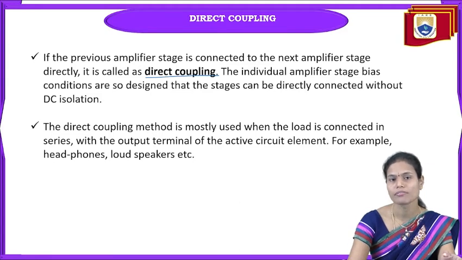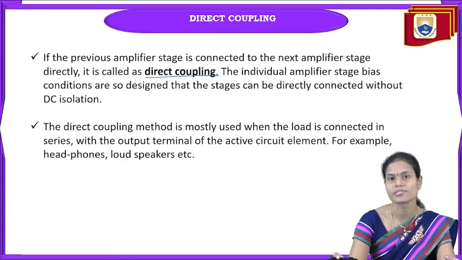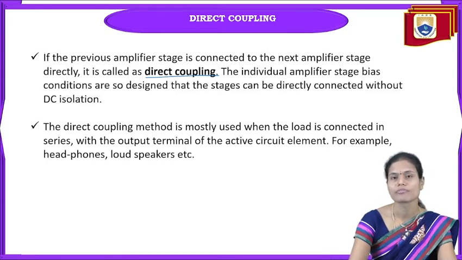In that way, we have to design the single stage amplifiers in the case of direct coupling. Direct coupling is mostly used when the load is connected in series with the output terminal of the active element. For example, in loudspeakers as well as headphones, we can directly use the direct coupling scheme.